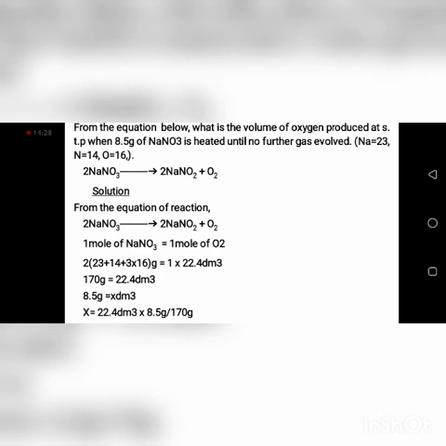From the equation, we write the equation again. We are given 2 moles before sodium nitrate. We have 2 moles to give us 1 mole of oxygen from the balanced equation. I was given 8.5 grams of sodium nitrate in the question, so I'm going to convert the number of moles of sodium nitrate to the molar mass.